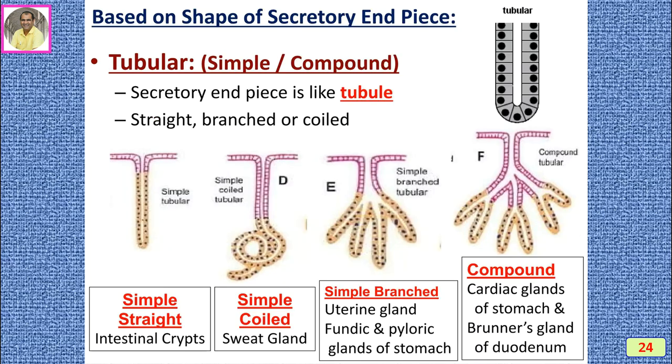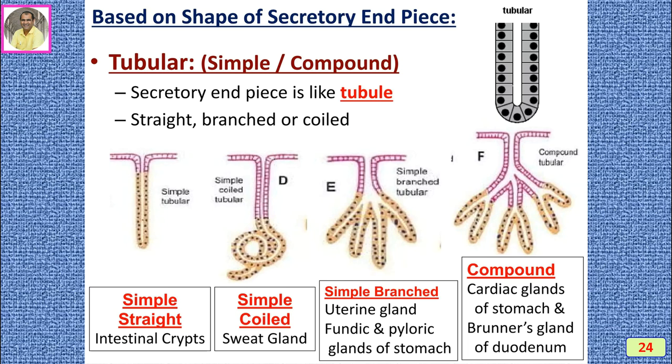Later we will see examples for each type of gland, and coming to the first one, based on the shape of the secretory end piece, tubular glands are simple or compound, and the secretory end pieces are like tubules, straight, branched or coiled.